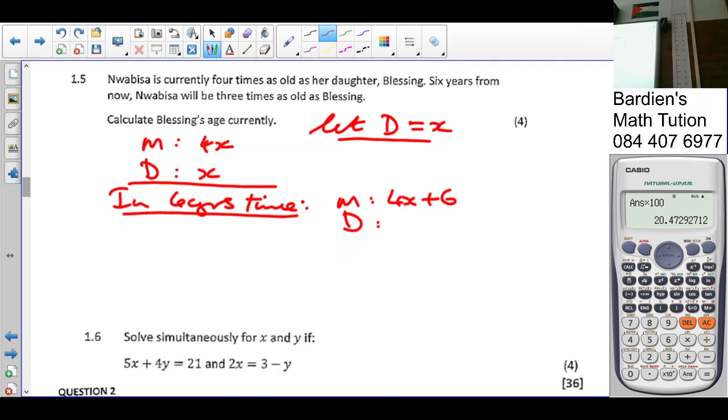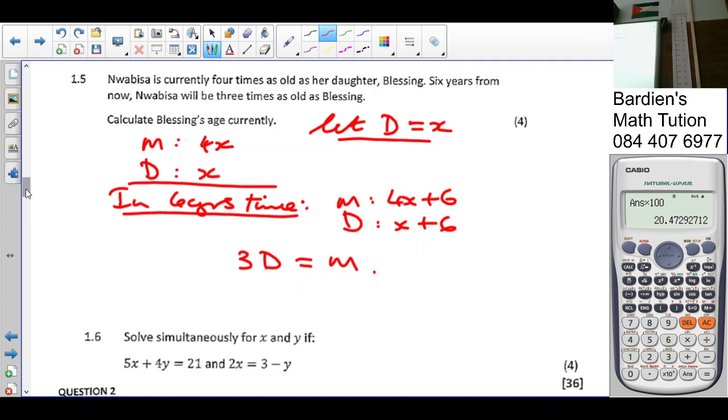The daughter? x plus 6. Can you see that? In 6 years from now, the mother will be 3 times as old as the daughter. Not so? So in 6 years time, the daughter's age must be multiplied by 3 to get the mother's age.